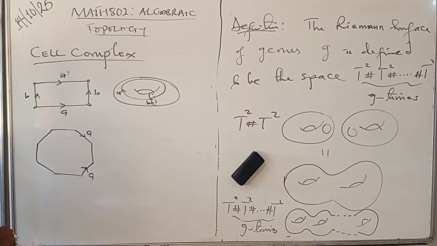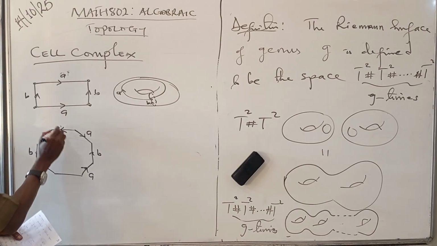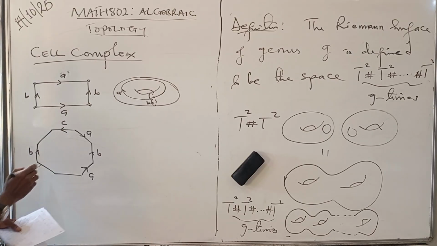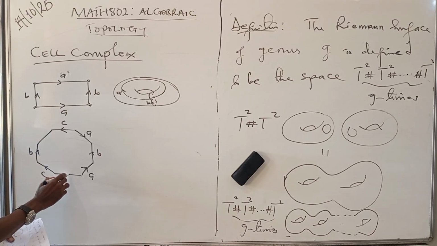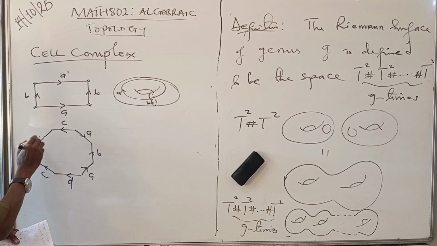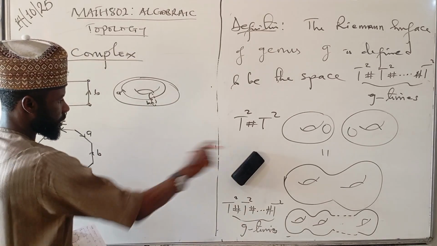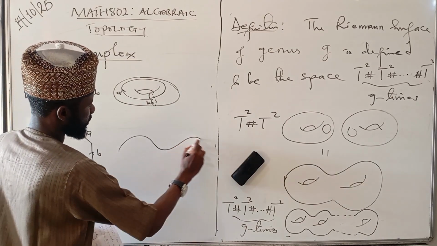So when you glue them together, like an identification space, and then you also identify this with this, because if you glue these ones together, and then you have C over here, and it will be identified with this C, and that will be D to be identified with this in the same direction, not opposite direction. Okay? By the time you do this identification, what you will have is that type of surface.